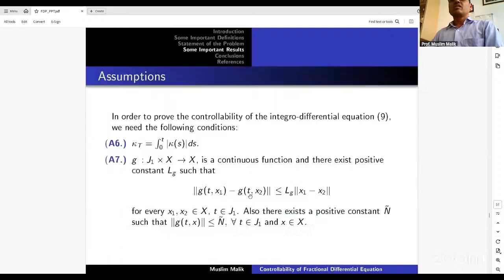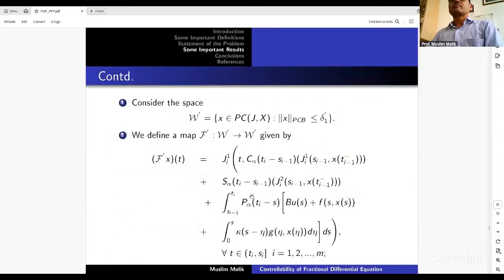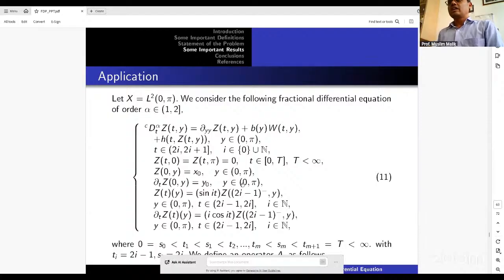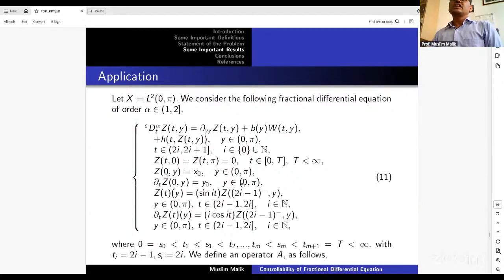So here we have an application example. This is a very complicated damped problem, a damped fractional order partial differential equation.